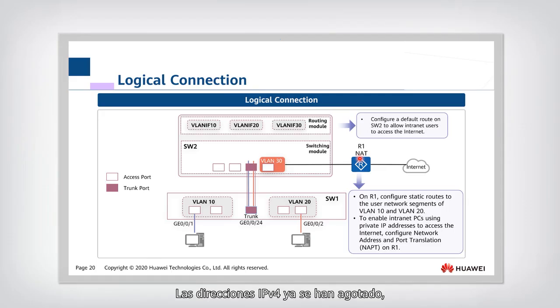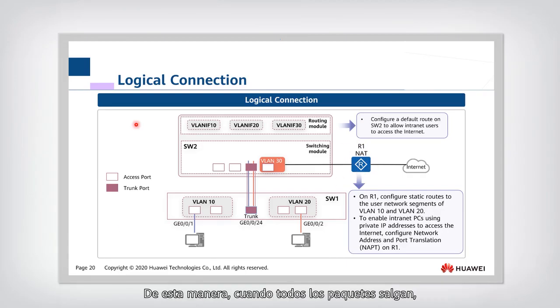Now you know that the IPv4 addresses have already been used up, so no new IPv4 address can be allocated all over the world. So people thought that maybe multiple hosts in the internet can share one public IP address, and they use a router with the NAT technology to implement this.